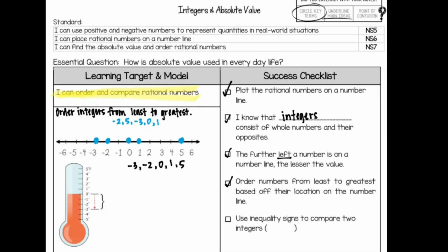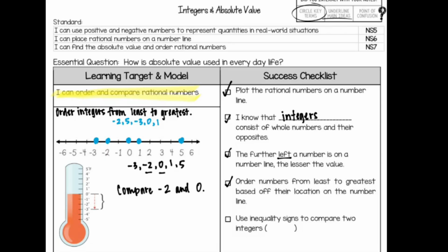So not only can I list these values in order from least to greatest, I can also compare, let's say, -2 and 0. And in elementary school, you used these same inequality signs.